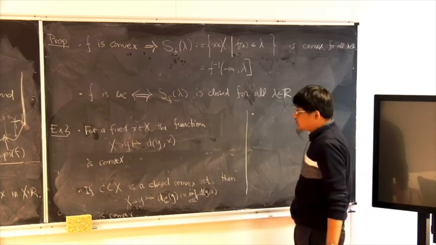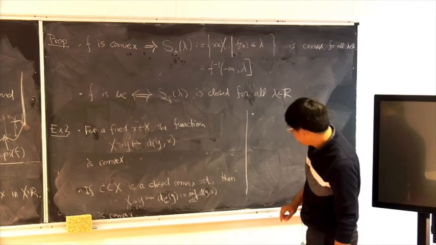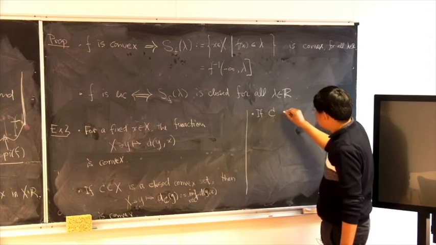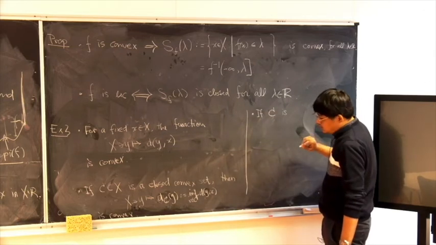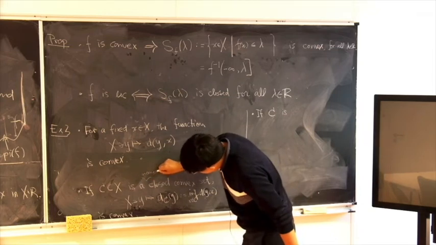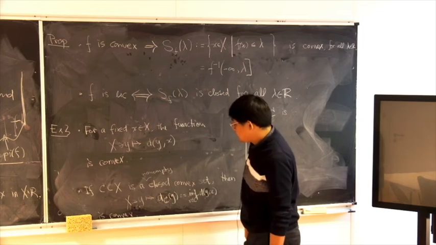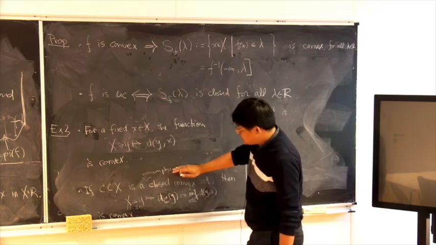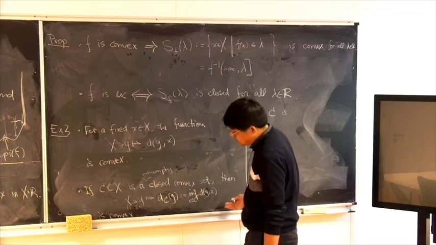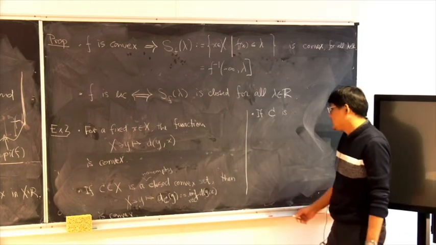Next is the indicator functions. So if C is again, here we have to assume non-emptiness. Okay. Actually, if C is empty, then this infimum over the empty set is just plus infinity and it's convex anyway, but that's not so interesting.